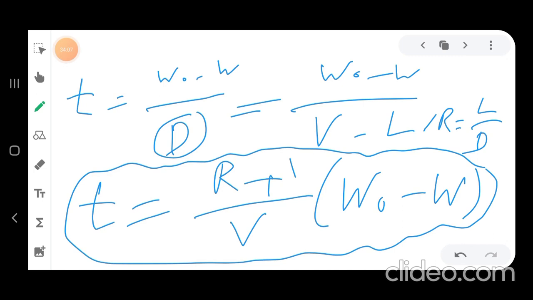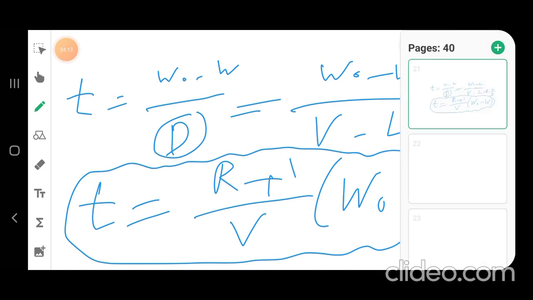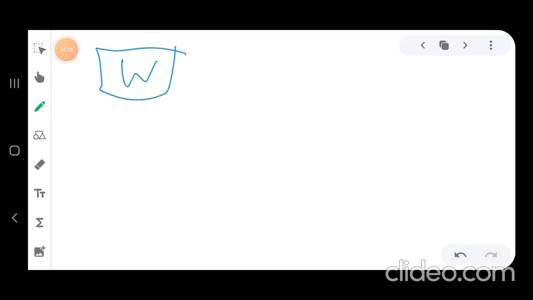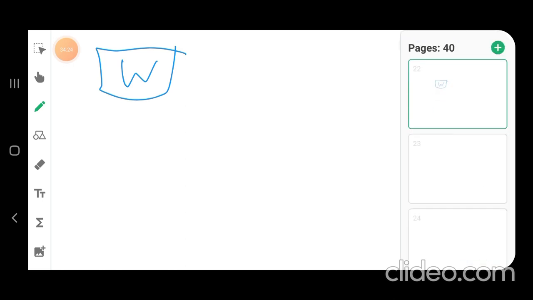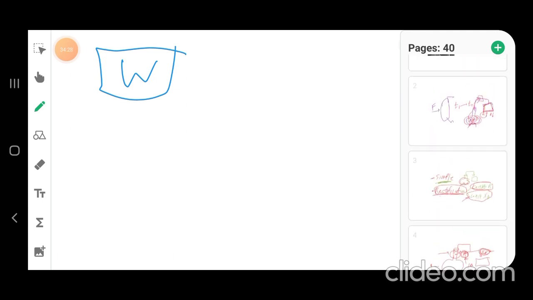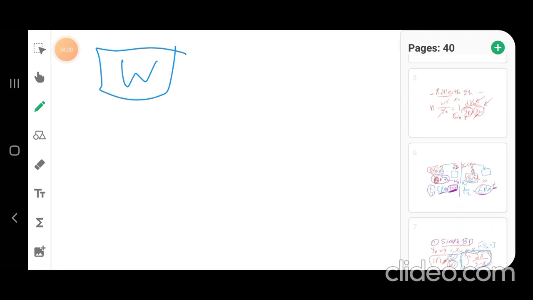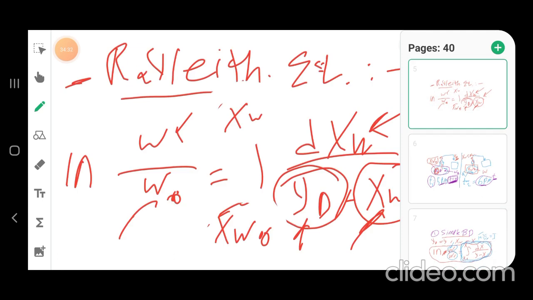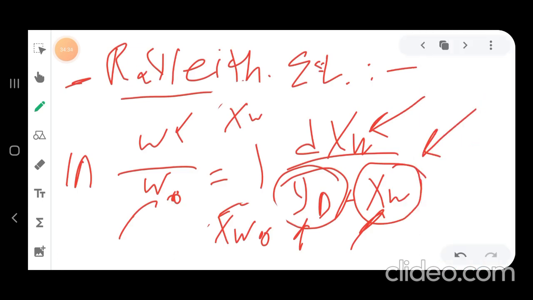Now, what if we are interested to calculate W, the quantity that we are left with in the still pot after the distillation? Again, we need to go back and use the Rayleigh equation. If you remember, let me write it again.